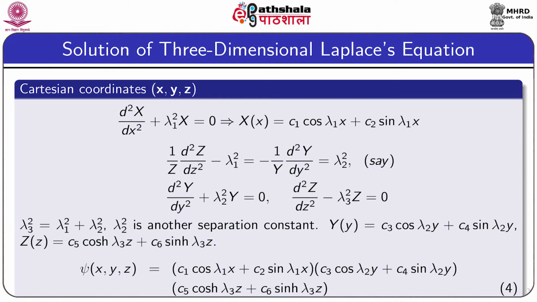So, here we put x equals 0, and it becomes C1. So, psi at x equals 0 implies C1 equals 0, and the other condition, psi at x equals a equals 0, gives that C2 sine lambda 1 a equals 0.